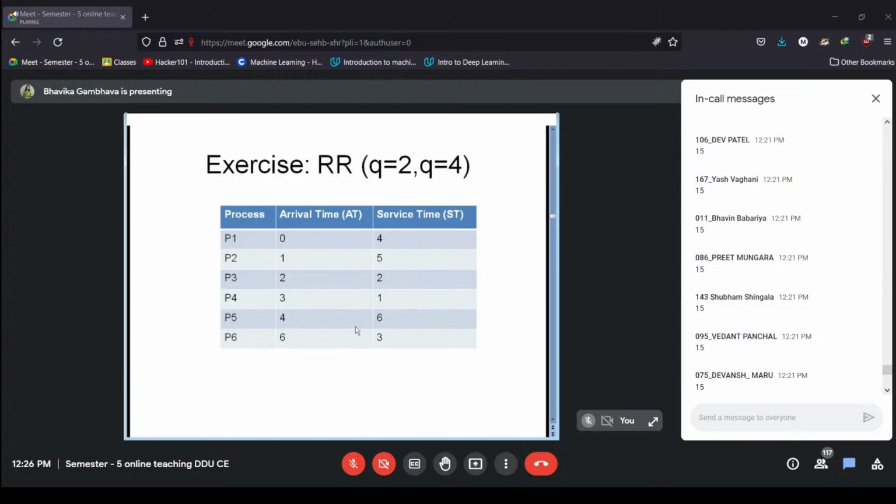Whichever parameter you want to use, tell me. These are the processes. There are 6 processes: arrival time and service time. And for time quantum, we have a choice between 2 and 4. I want all of you to work a bit quickly, and this will be our last exercise in round robin. Then we will start a new example, a new scheduling algorithm.